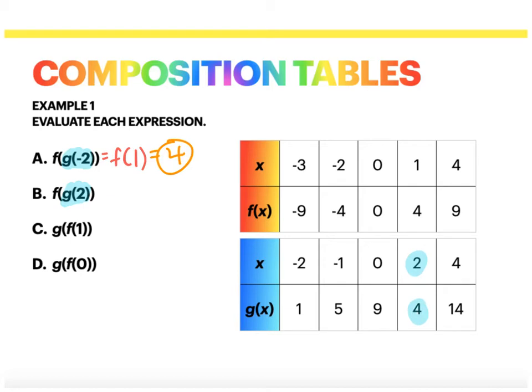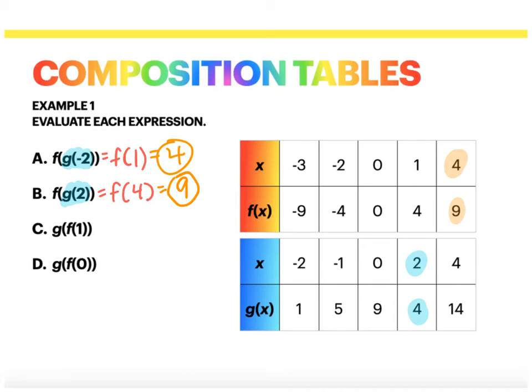So what we're really looking for here is f of 4. Now we can move to the top table. And in the top table, we see that we are working with 4. And then f of 4 gives us an output of 9. And that's our answer for that one.